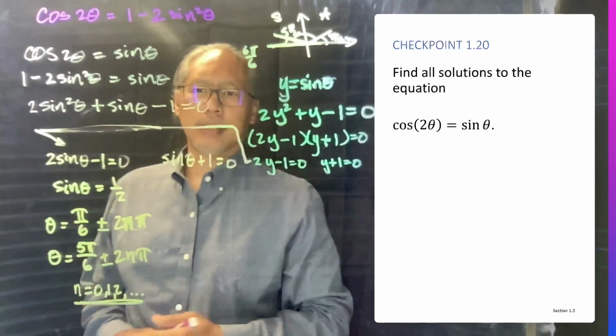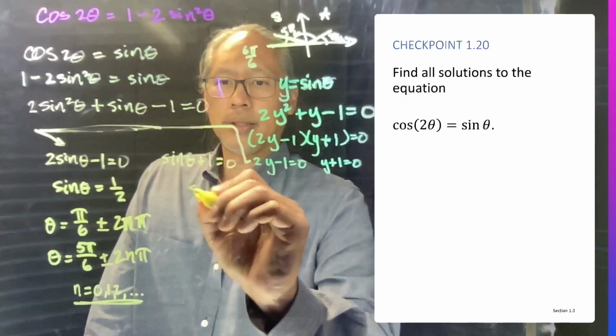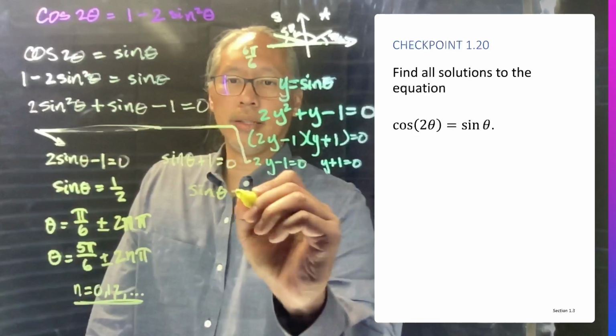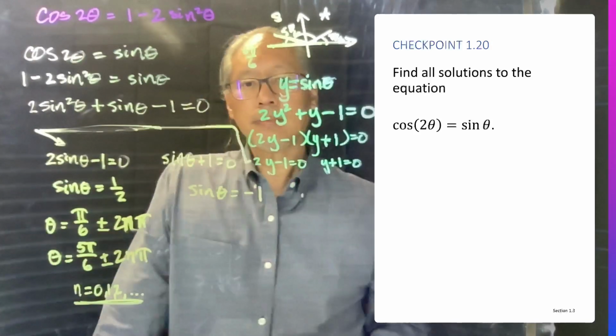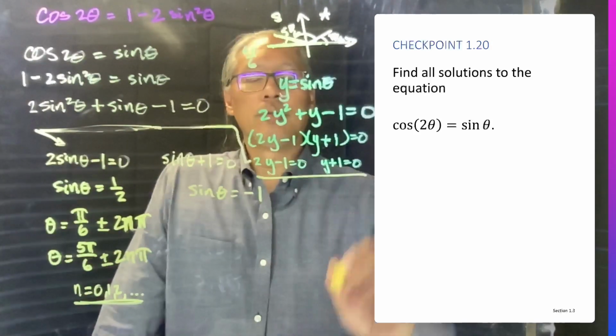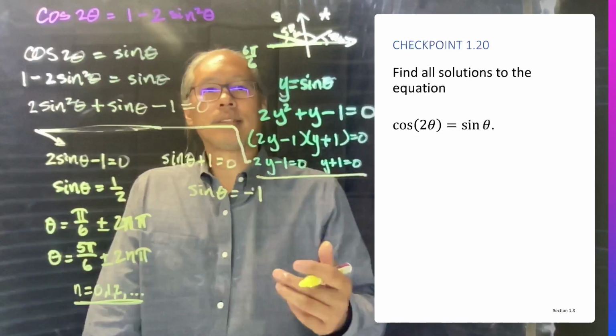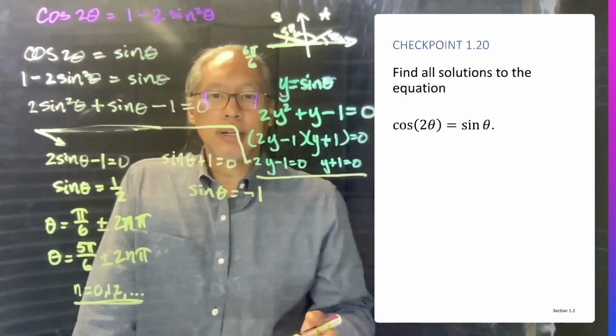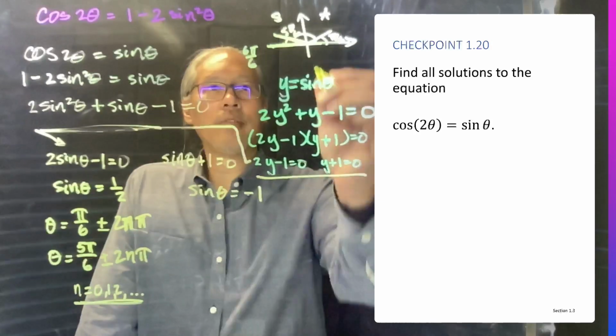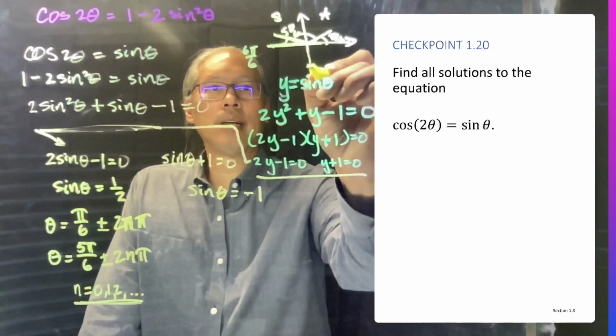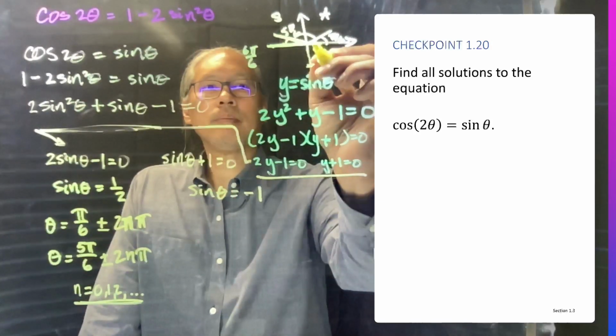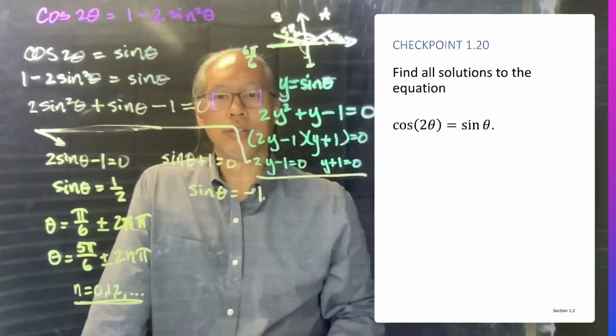Now we have this second part where we want the sine of theta is equal to -1. Now -1 sine, if we just look at it, sine is the y value of your point, and the y value of your point becomes -1 down here at 3 pi over 2.